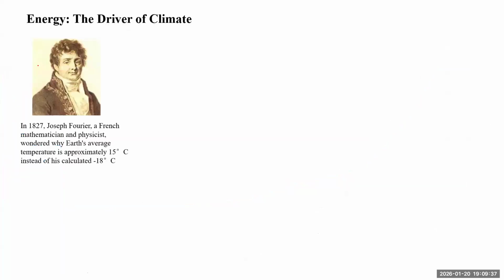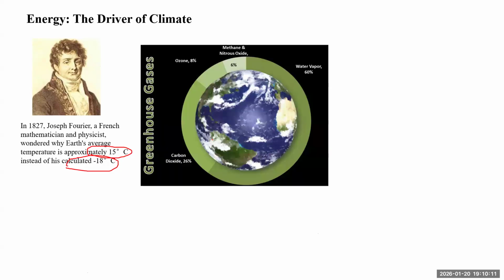That is because we think energy is the driver of climate. In fact, this is Fourier, a mathematician, and he calculated the Earth's temperature. Then he found his calculation and the actual temperature of our Earth are different. Why? That is because we have an atmosphere.